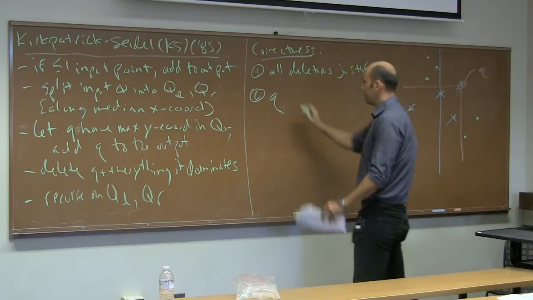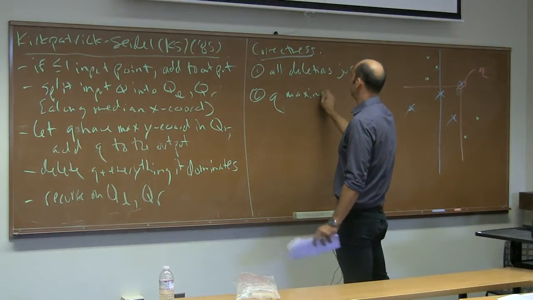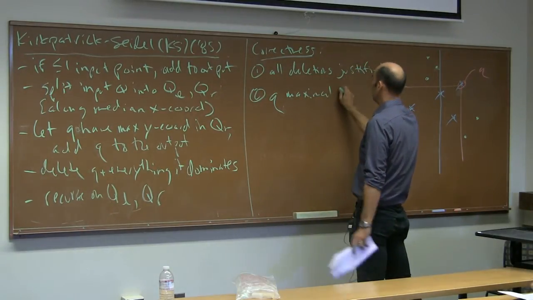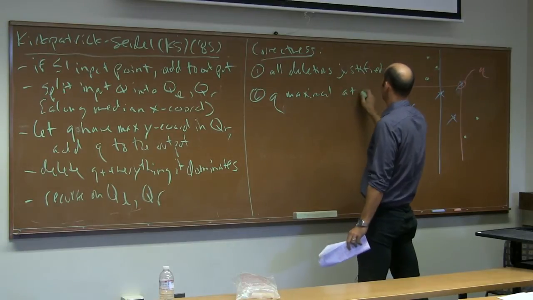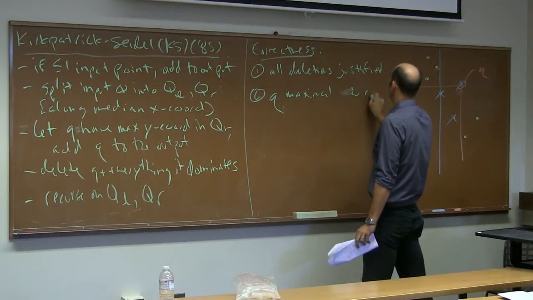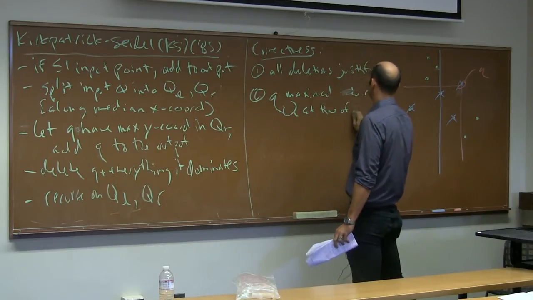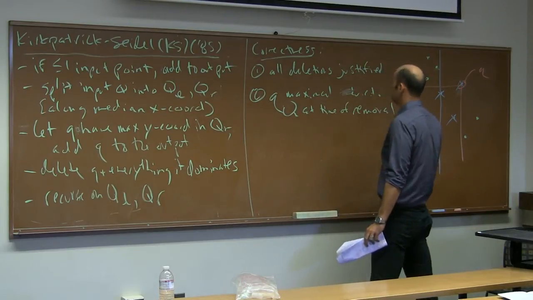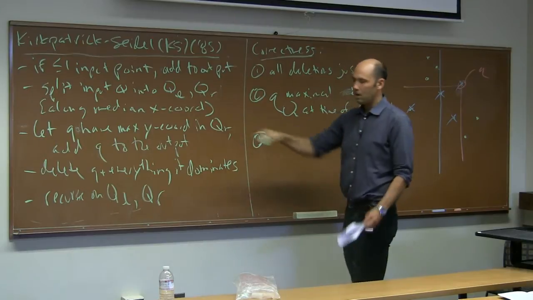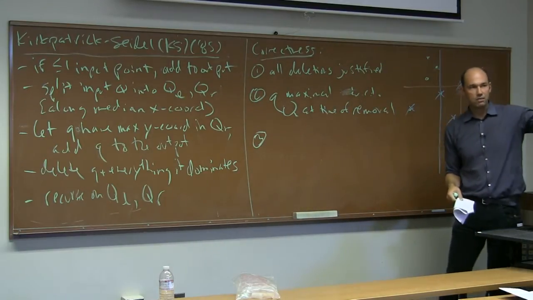So what we've already argued is q is maximal with respect to the remaining points at time of removal. So that's what we argued along the way. But what about with respect to the original point set?